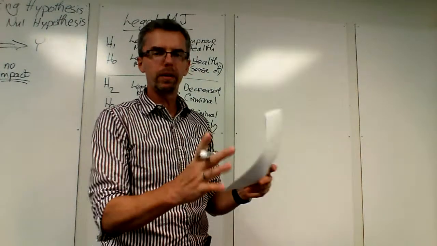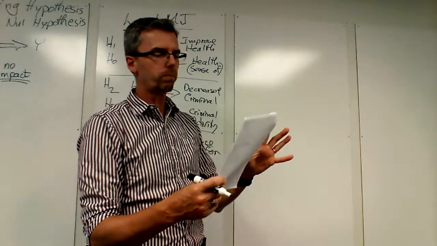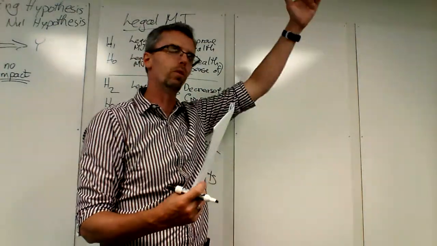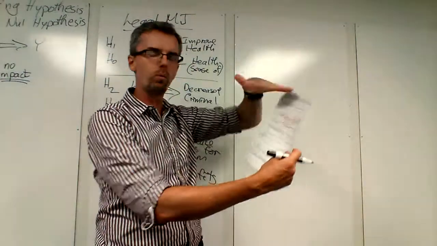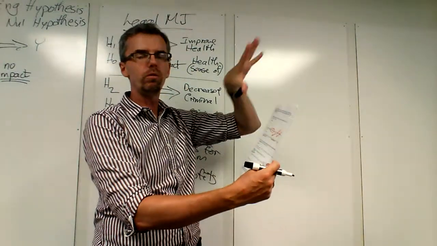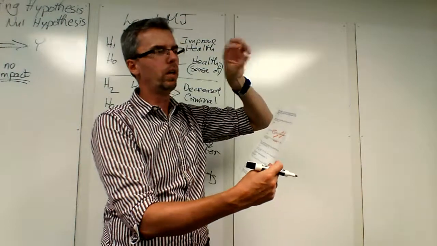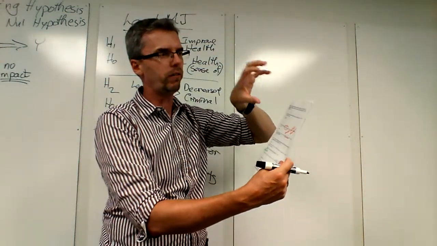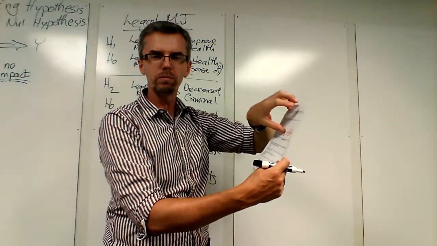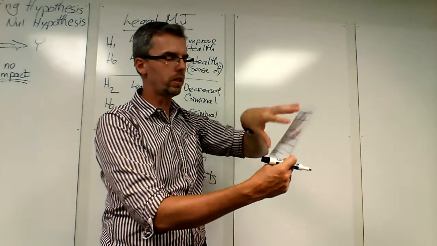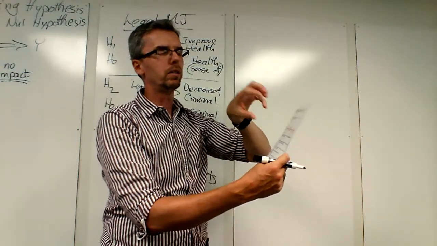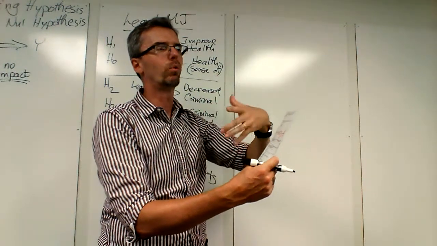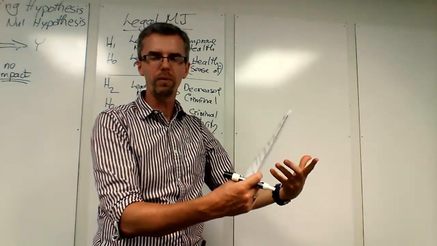So there's the idea of getting this hypothesis, and the whole outline is designed so that as you work through the outline, like I showed on the last video, you've actually identified your research problem, then you've identified your dependent variable, which in this case is more enjoyment out of life.